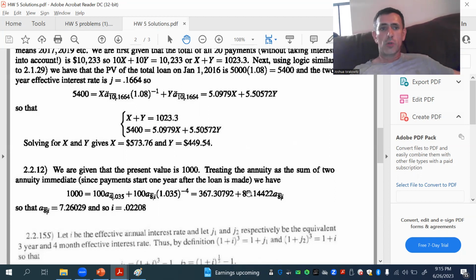If you want to, you can make the payment 87.14422 and then just take 1,000 minus 367.30792 as the present value. Maybe that's a little clearer. In other words, just don't divide by 87.14422.